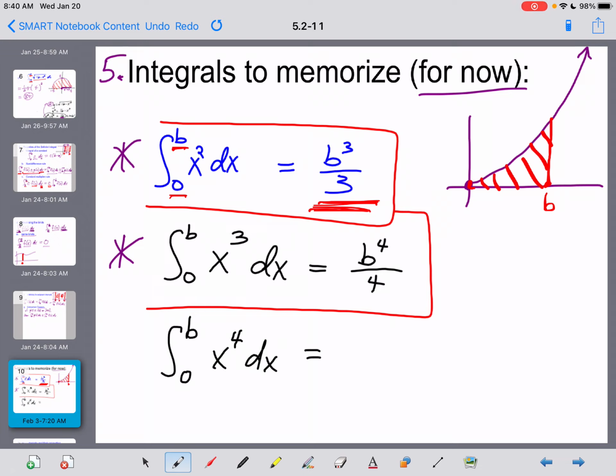If you had to guess what that would be, most of you would go, oh, I get it. This is going to be b to the 5th over 5. And you'd be right. And the integral from 0 to b of x to the 5th, taken with respect to x, well, you guessed it, that is going to be b to the 6th all over 6.